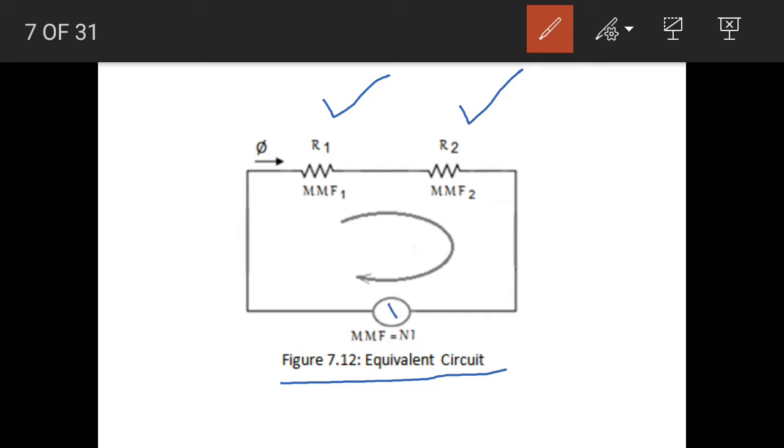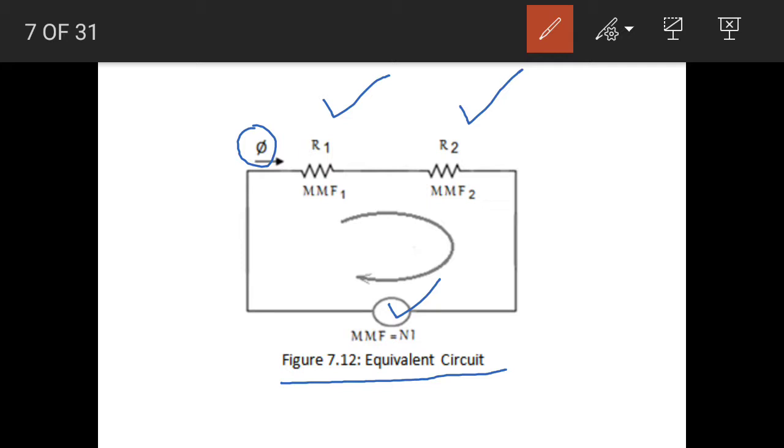The MMF, which is basically the source for generation of the magnetic flux in this circuit, is represented with the help of this circle, and we know that MMF will be equal to Ni. Due to this MMF, the magnetic flux will circulate either in the clockwise or counterclockwise direction in this series magnetic circuit. The magnetic flux circulates in the clockwise direction, and we need to find out the magnetic flux of this series magnetic circuit.